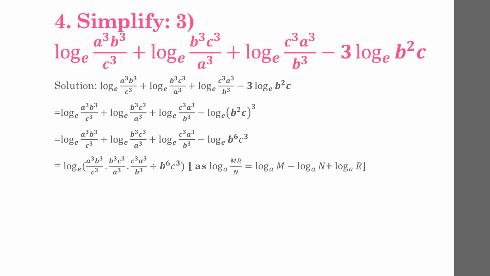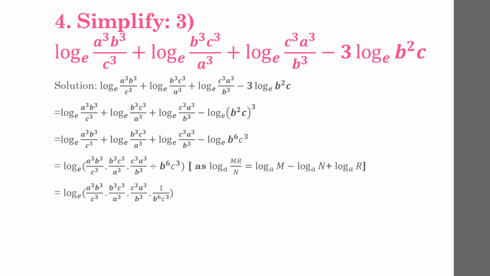Then before our third term there was a plus sign, so again a multiplication, c cube a cube divided by b cube. Before the fourth term there was a minus sign, so the division sign will replace the minus sign, so divided by b to the power 6 into c cube.